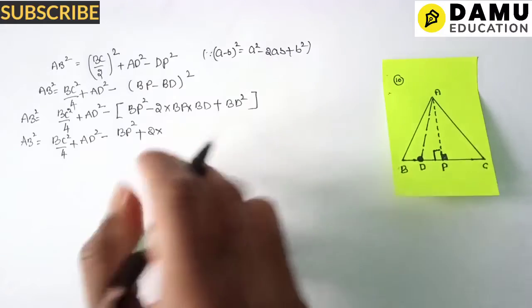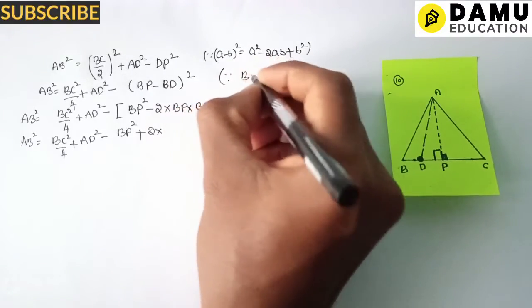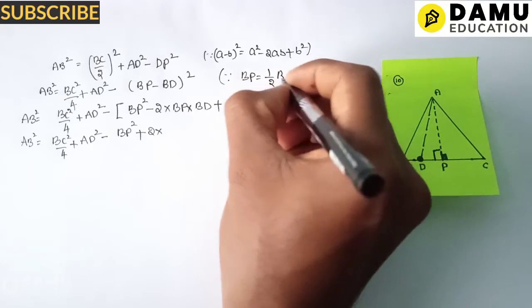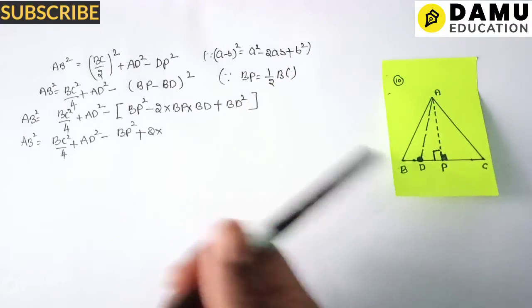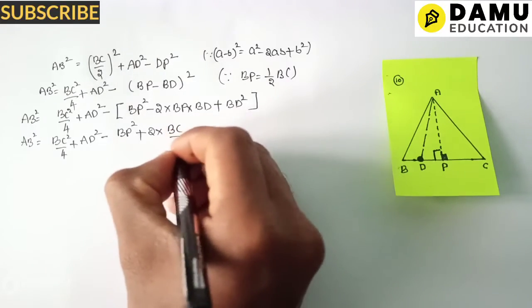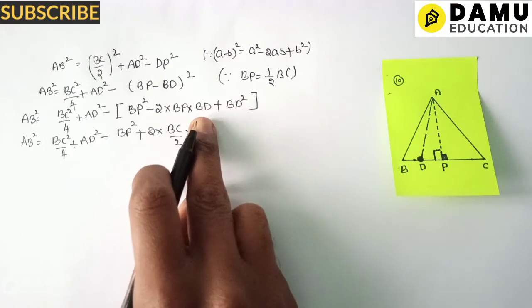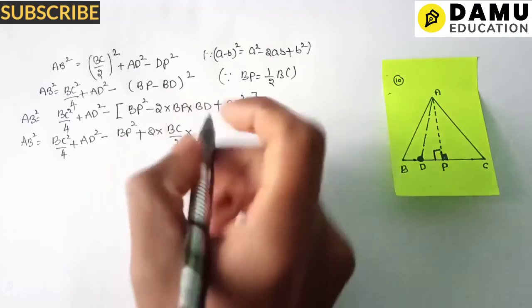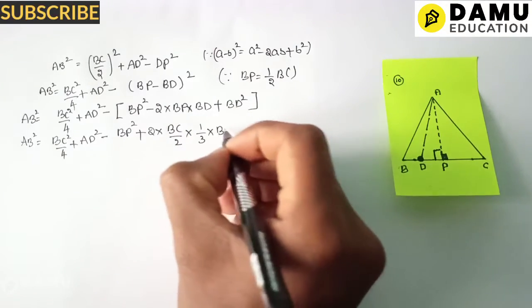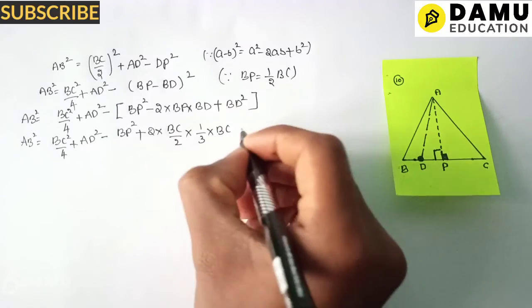Since BP is half of the BC, BP is BC by 2, into BD. BD is already given as 1 by 3 of the BC.